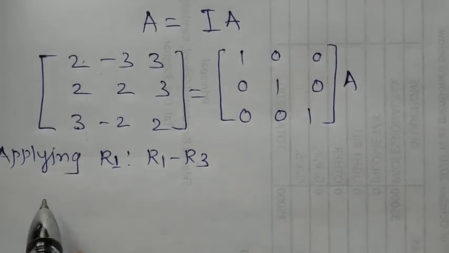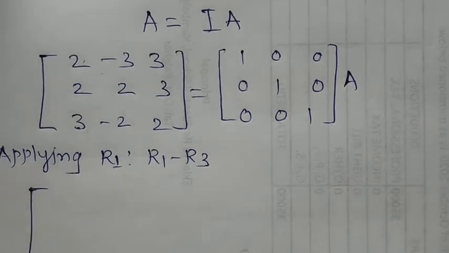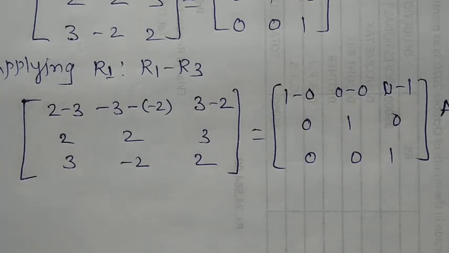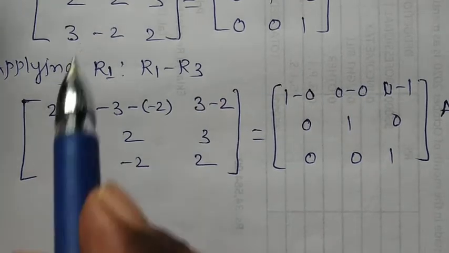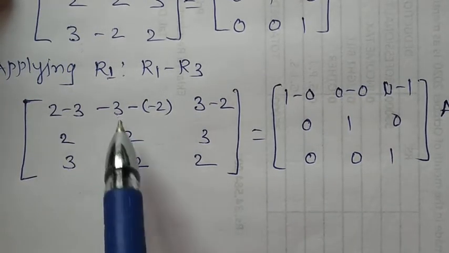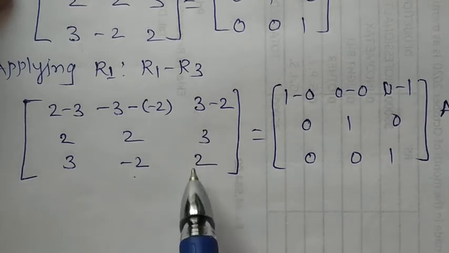Then change by the same way, R1 minus R3. So 2 minus 3, then minus 3 minus minus 2, 3 minus 2.